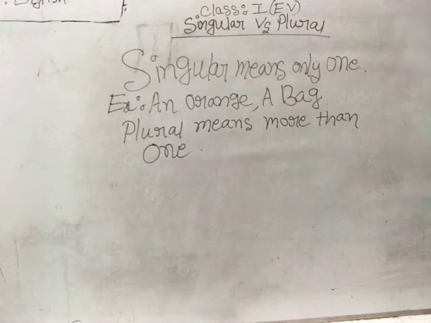Remember, after every plural noun you will have s or es. From seeing the s just after the noun, you can understand that it's not singular, it's a plural number.